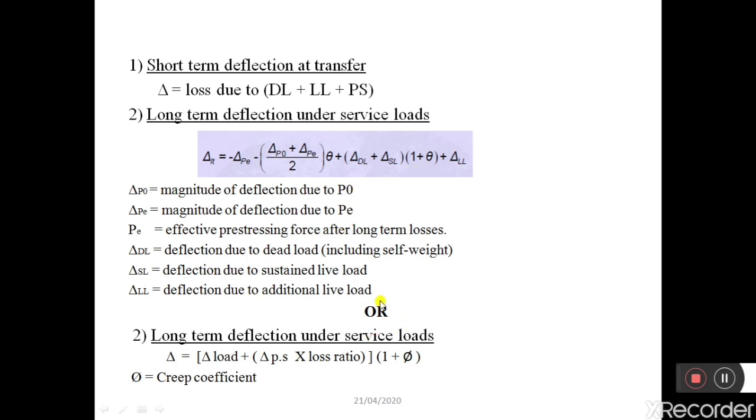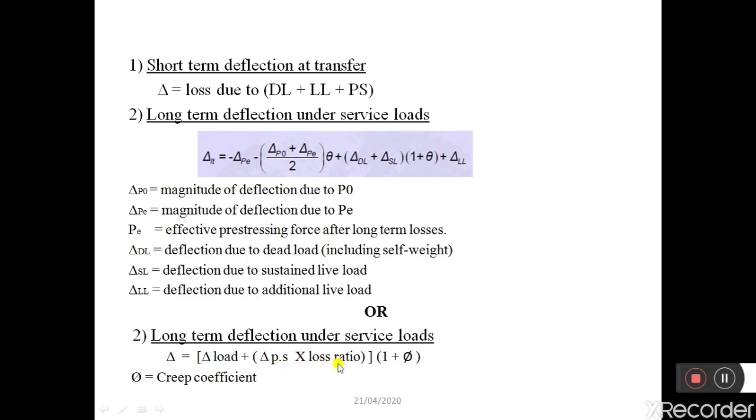Suppose they have not given any data regarding creep of concrete, shrinkage of concrete, relaxation of steel, etc. Then we are going to use this equation to calculate the long-term deflection. Here delta load means the deflection due to live load and dead load. Delta PS is the deflection due to prestress into loss ratio.